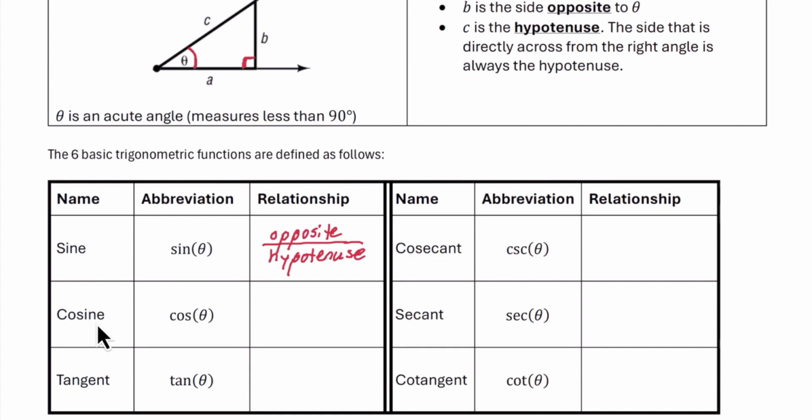Cosine, which we shorten to cos theta, is adjacent, the side adjacent theta divided by the hypotenuse. And tangent, we abbreviate tan, that is opposite over adjacent.